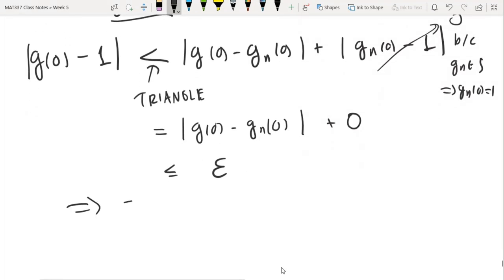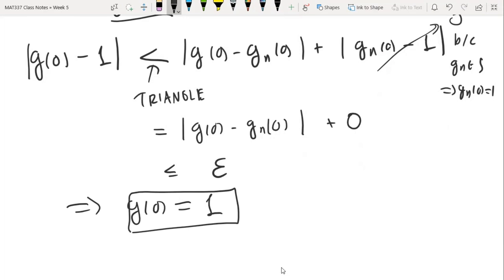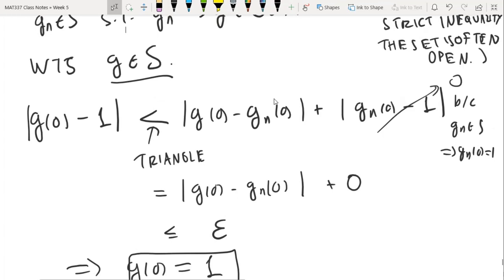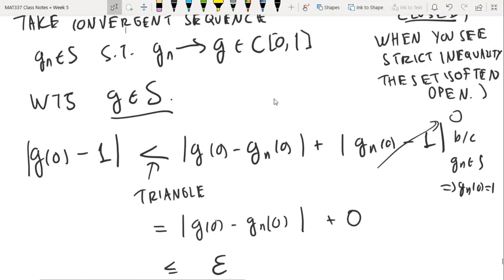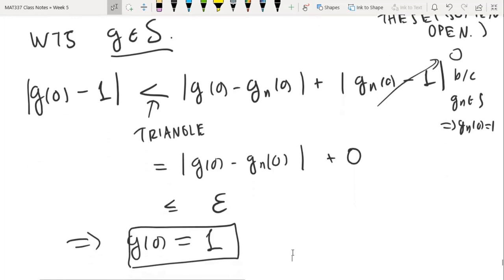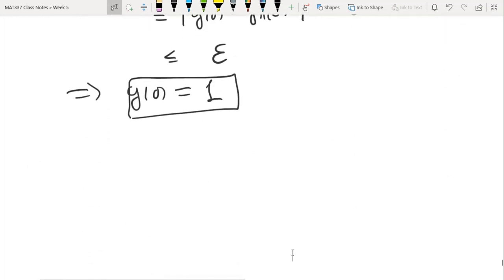And so we get g(0) is 1. Okay. I think enough examples. So here there was a subtlety that maybe you caught, maybe you didn't. A priori, this statement is not obvious, that in fact g is continuous. So this is a very subtle statement, and we will prove it now.